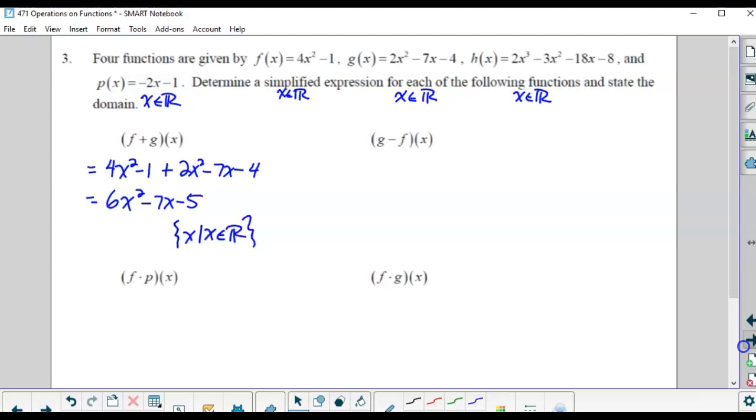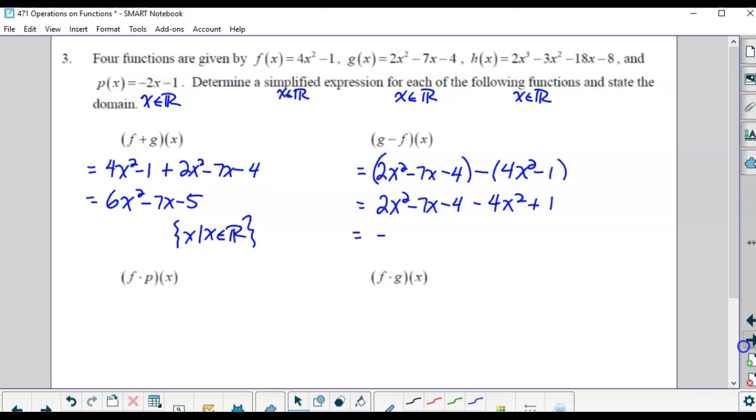All right, so then g minus f. I'm going to put brackets so that I make sure I get the signs correct. All real numbers.